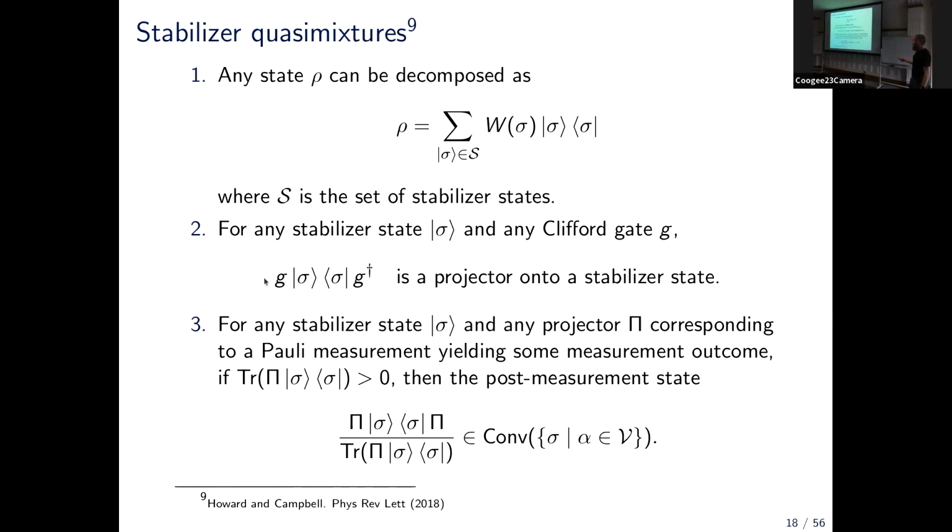And they also have these nice rules for Clifford gates and Pauli measurements. So any stabilizer state maps to another stabilizer state under a Clifford operation, almost by definition. And if you perform a Pauli measurement on a stabilizer state, you end up back inside the convex hull of stabilizer states. And this gives this positivity preservation under all Pauli measurements.